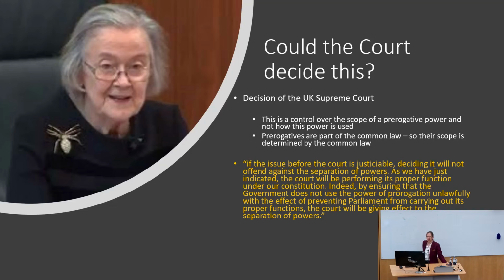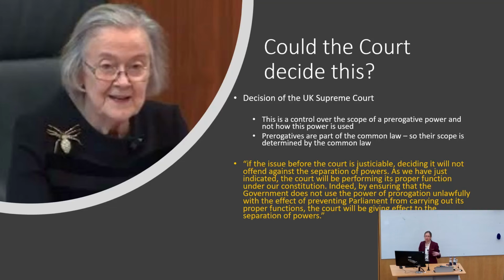And what she's saying is, as well as having parliamentary sovereignty, we also have a constitutional principle of the separation of powers. And this is about understanding the relationship between different types of government, different types of institutions of government. What are the powers of Parliament, of the executive, the government, of the judiciary, the courts?